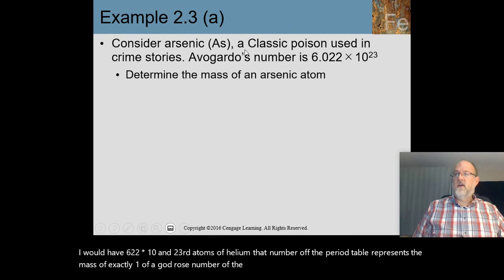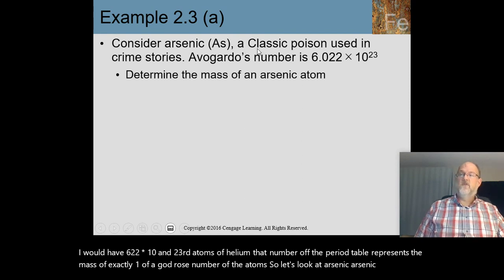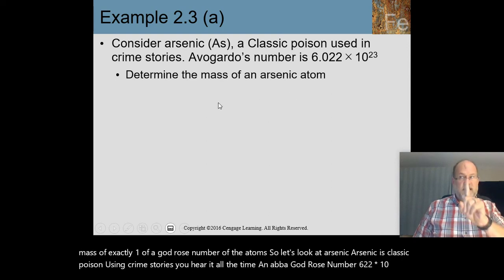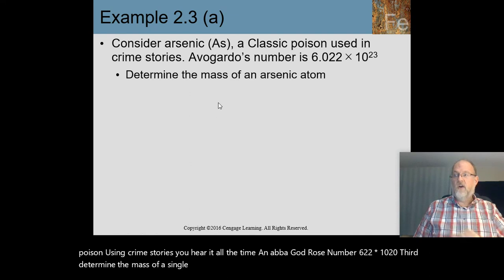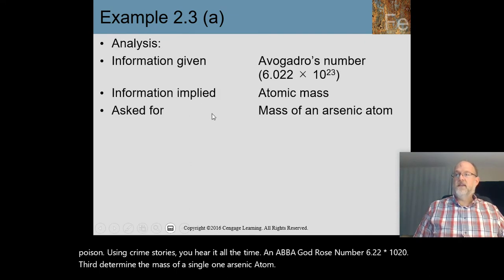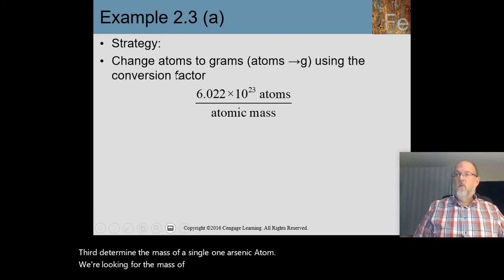So let's look at arsenic. Arsenic is a classic poison used in crime stories. You hear it all the time. And Avogadro's number is 6.022 times 10 to the 23rd. Determine the mass of a single arsenic atom. So we know we're looking for the mass of one atom. We know that there are 6.022 times 10 to the 23rd atoms in an atomic mass.